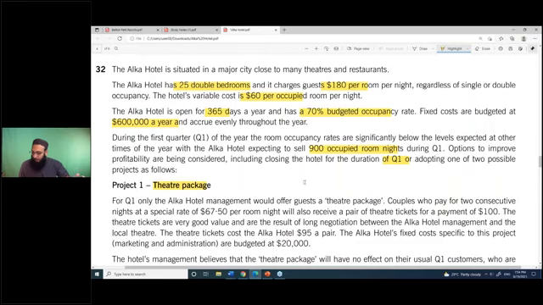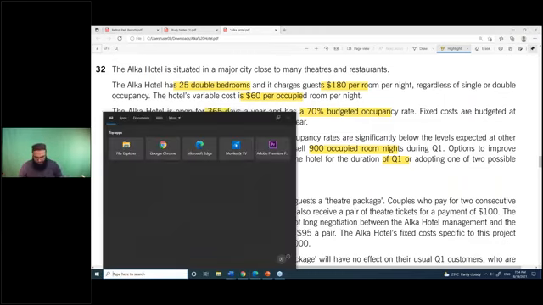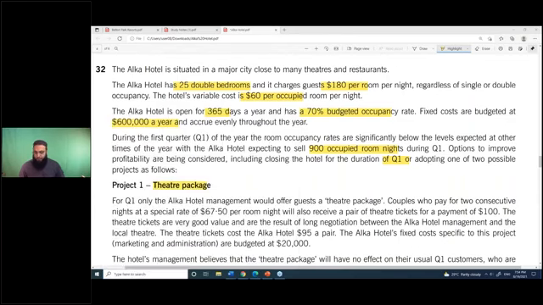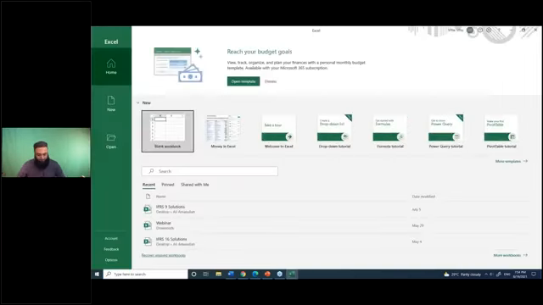So I will also use the spreadsheet to make it easy for you to grip this question. So let's use the spreadsheet to find out the answers in this case. Okay, so this is the spreadsheet.